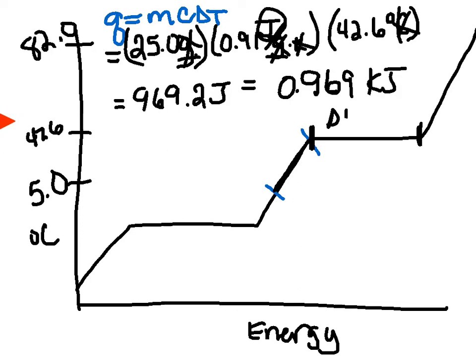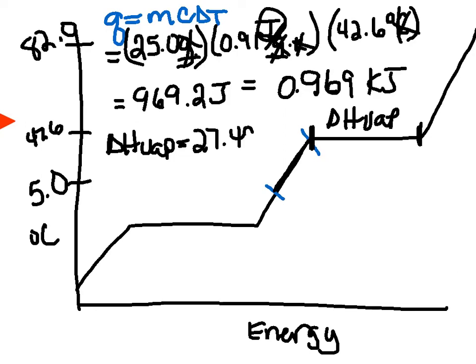So what we're going to do is take a look at that. Okay, the delta H vaporization that we're given is 27.49 kilojoules per mole.